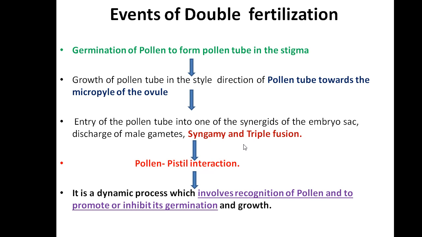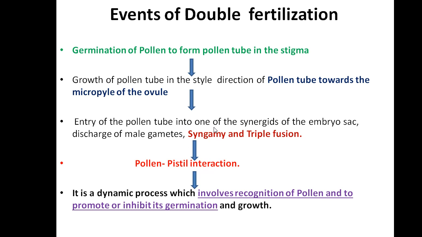Through one synergid the pollen tube reaches, and one male gamete and the egg cell cause syngamy, that is, the zygote.